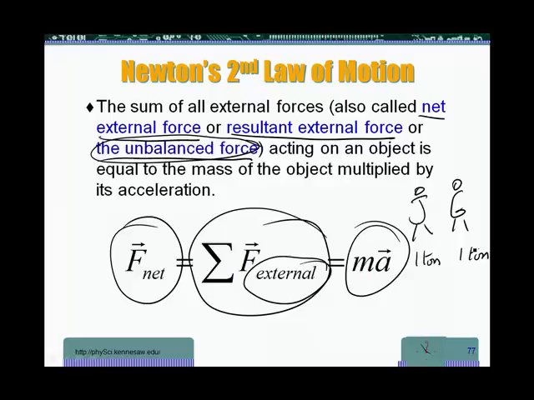John can exert forces on other objects, but not on himself. Jerry can lift John because he's an external force to John, but John cannot lift John. That applies to all forces. The forces that are going to affect the motion of an object are forces from the outside.